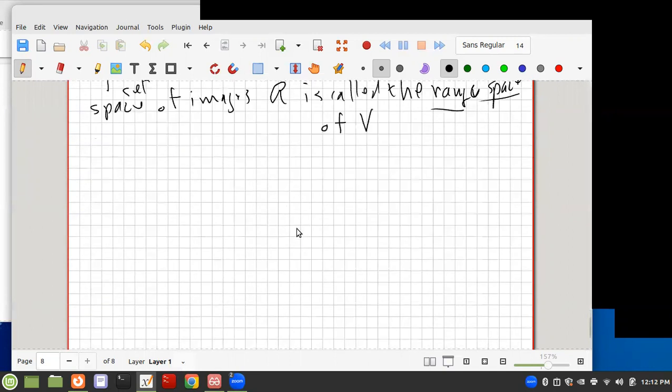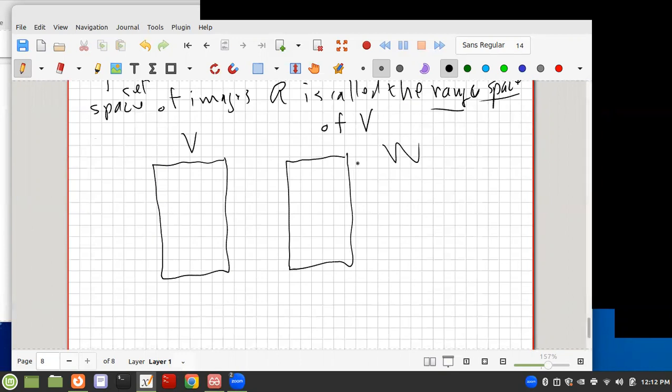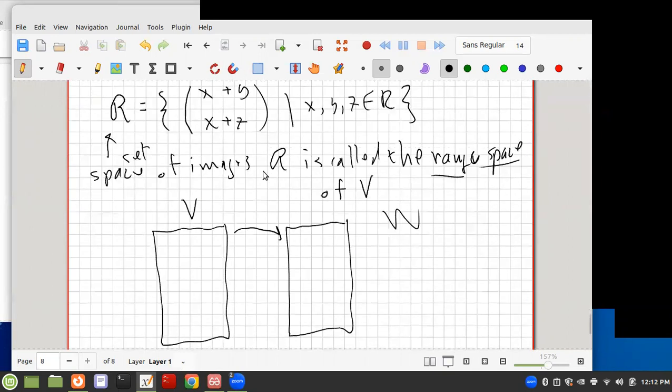So let me draw a picture. Here's the vector space V, and here's the vector space W. Now, if the map H between them was onto, then W would be the range space.